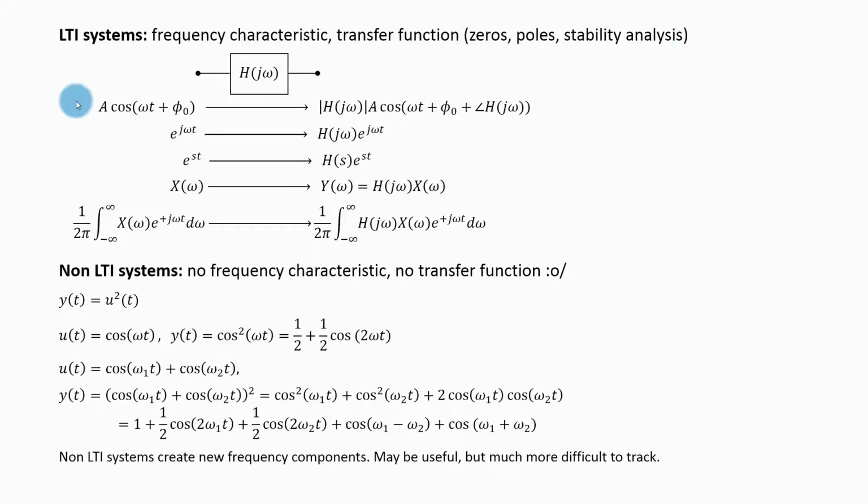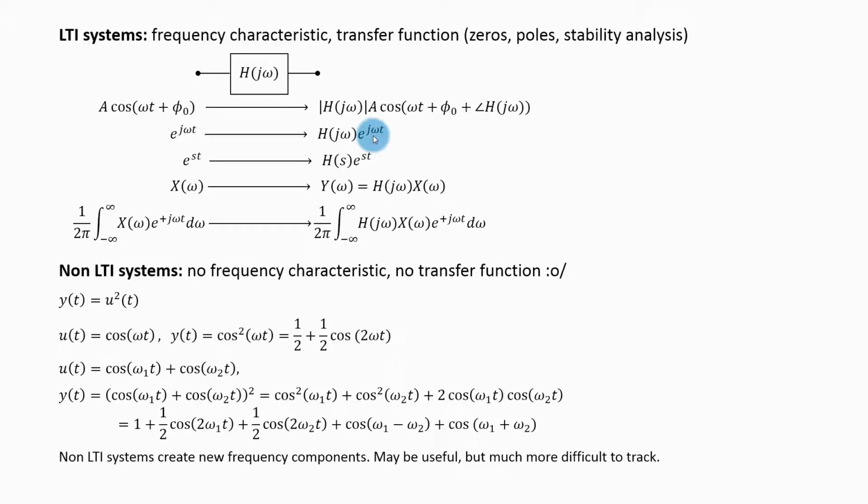Additionally, with linear time invariant systems, we had some nice behavior. When I feed an LTI system a cosine or a sine, the output is the same cosine or sine, except scaled in amplitude and shifted in phase. When I feed an LTI system an exponential, the output is the same exponential except multiplied by a complex number given by the frequency characteristic at the frequency of the exponential.